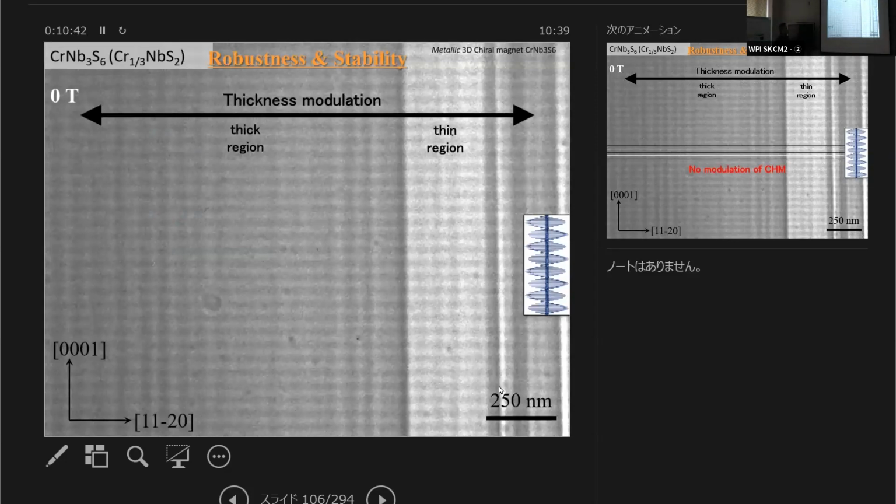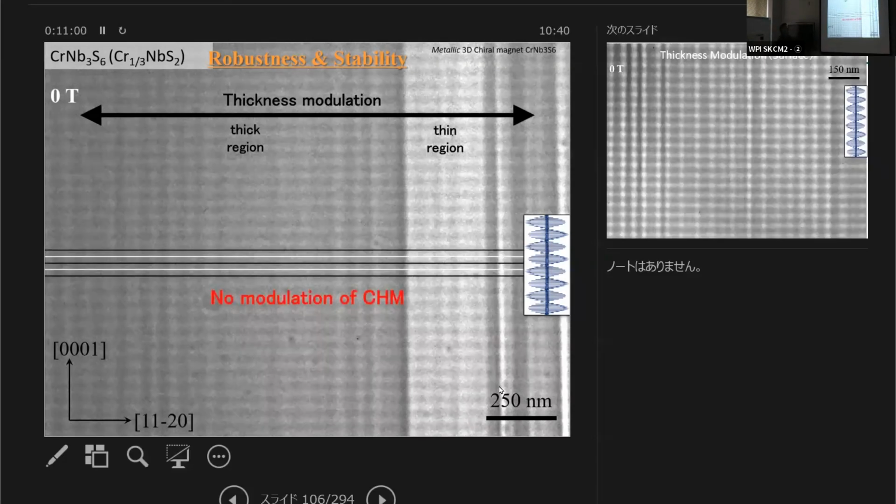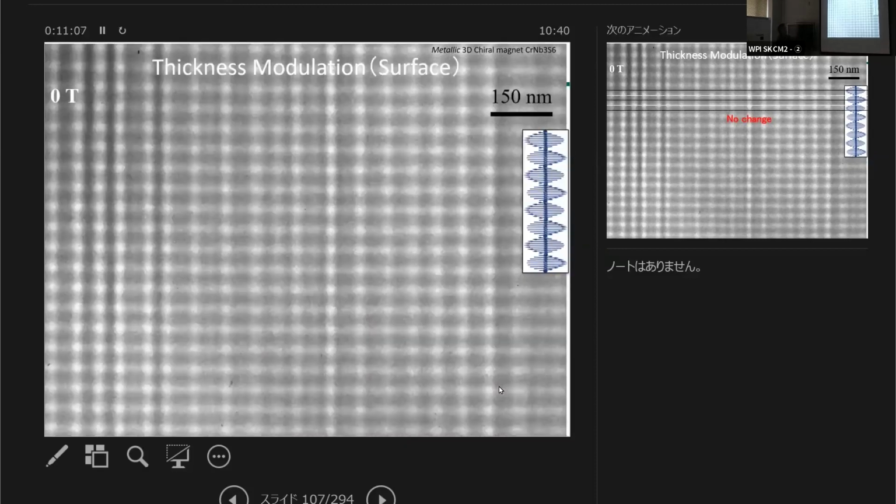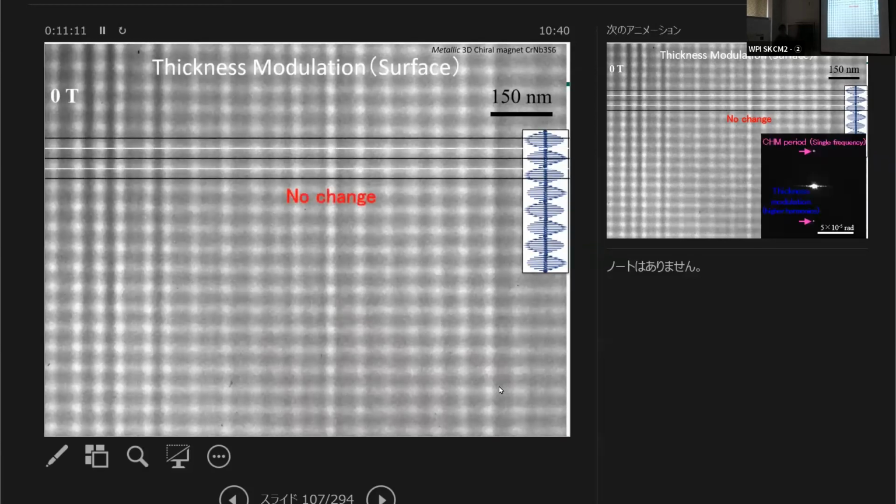How stable is this structure? We were curious about this. So we cut a very rough thin part and a thick region part, and we measured the helix. No change in the pitch. More roughly, but this also shows no change in the helical pitch.